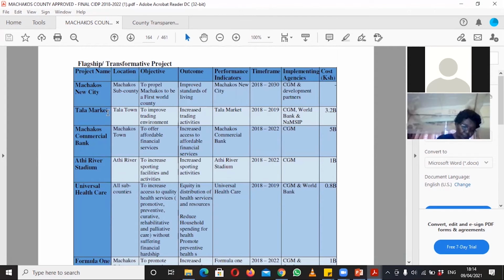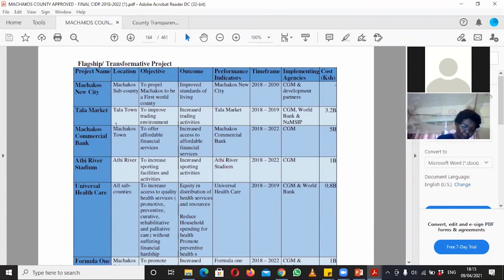Tala Market. So you can see Tala Market is a flagship project of Machakos County. They stated that they want to have it in Tala town. As budget facilitators, it is essential for us to get to know whether it is there. They said the outcome is to increase trading activities at Tala Market, and the time frame is 2018 to 2019.